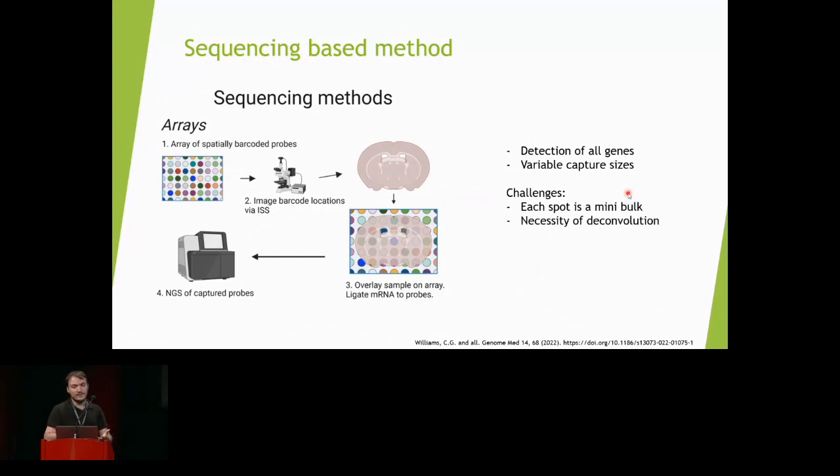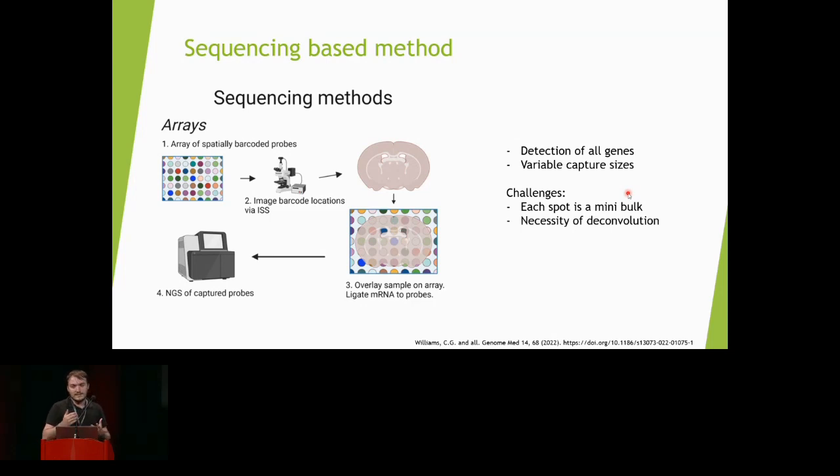You place your samples on top of it, and the RNA will filtrate through your sample and drop into the wells where the elements to construct your libraries are located. It allows the detection of every single gene within your samples, and the capture quality and size depend on the technologies.